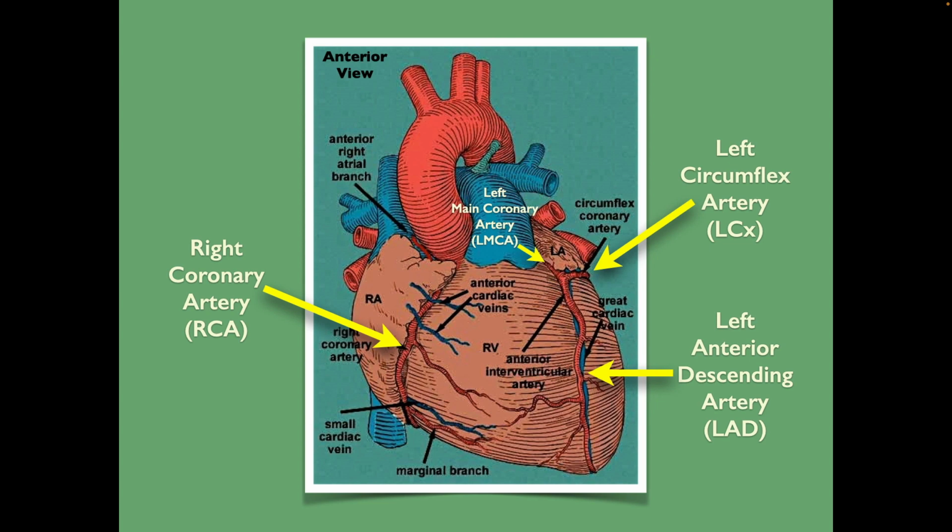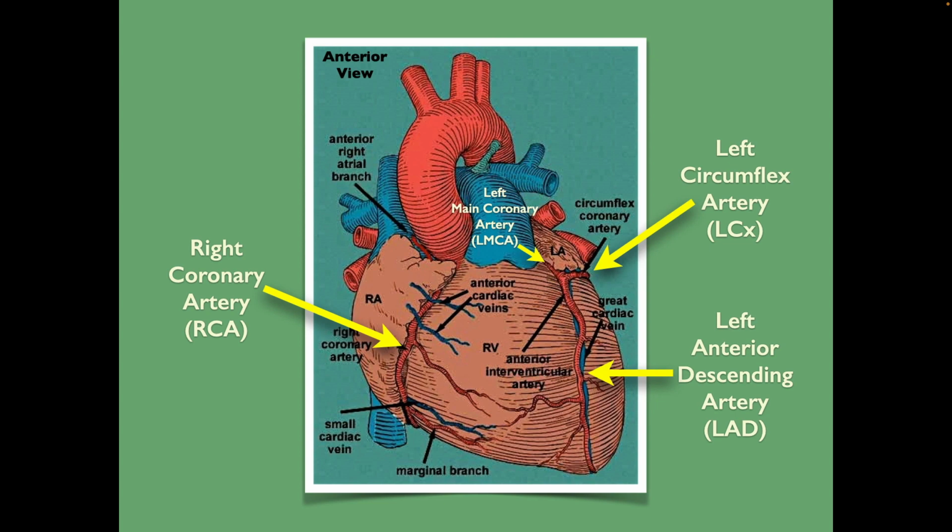Now, the right side, what do you think? Does the right side need more or fewer arteries than the left side? Less. And why, Grace? Let me rephrase my question.